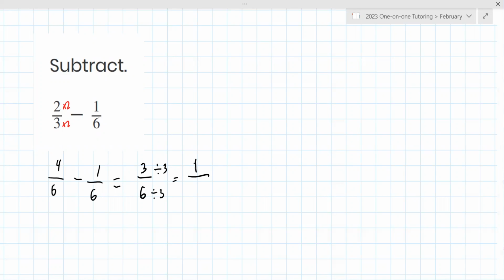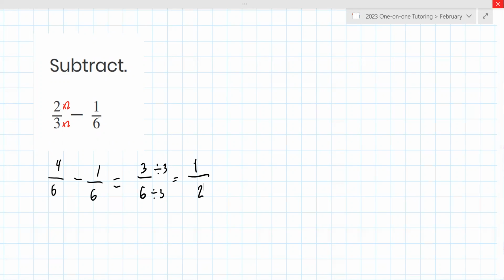How many times does 3 go into 6? Two. Yes. Good.